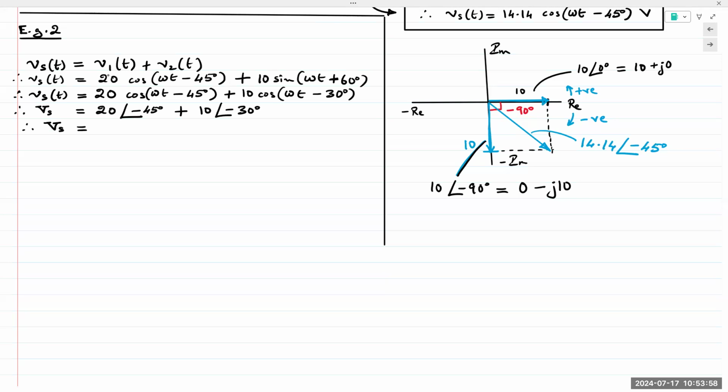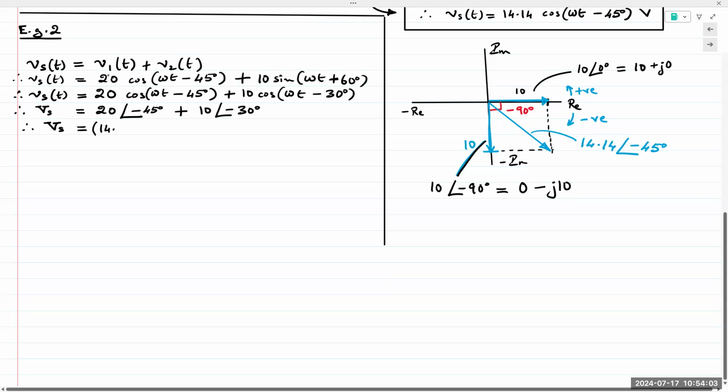When I convert this into rectangular coordinates, this becomes 14.14 minus j14.14, and the second term becomes 8.66 minus j5. Add the real components together and the imaginary components together, and I obtain 22.8 minus j19.14.